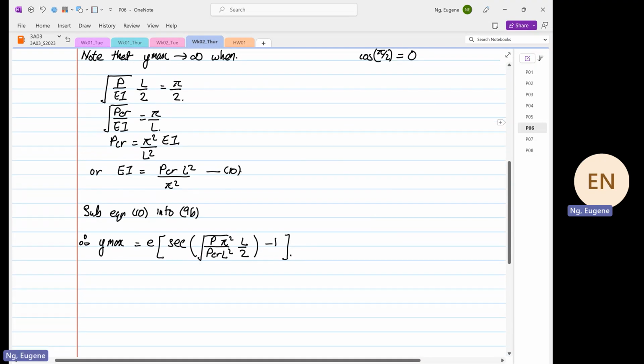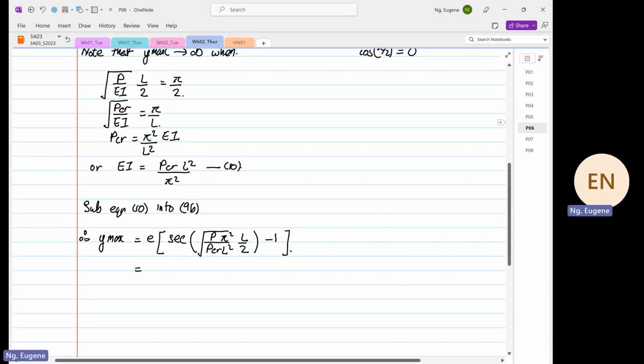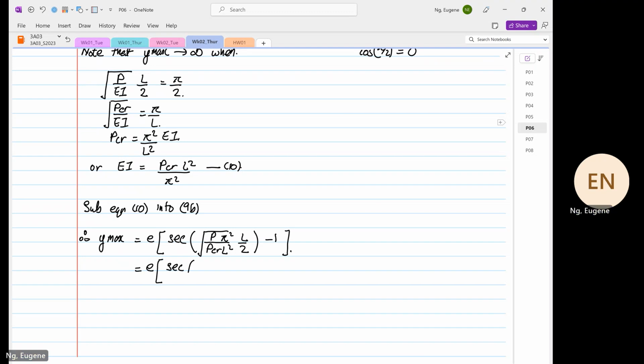So tidy things up. The L can be cancelled. I'm not going to skip steps, I'm going to write this out. So secant, you have square root P over P critical, and this is equal to pi over 2, minus 1.